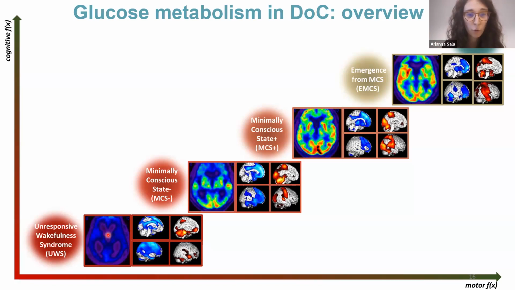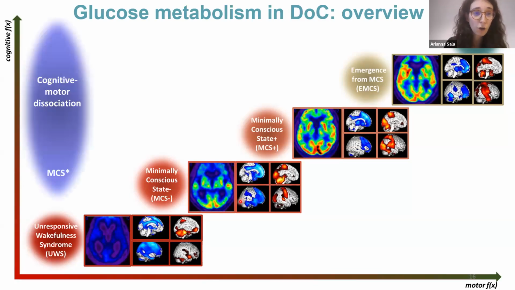As you can see here, in blue, we have the lowest values observed in unresponsive patients, and less strong decreases as the degree of consciousness improves. And the same for relative hypometabolism. You can see here in unresponsive patients, we have the most extensive alterations in metabolism, with the most extensive decreases at the level of the internal and external awareness networks, while going up in minimally conscious patients, the extent of the hypometabolism is less strong.